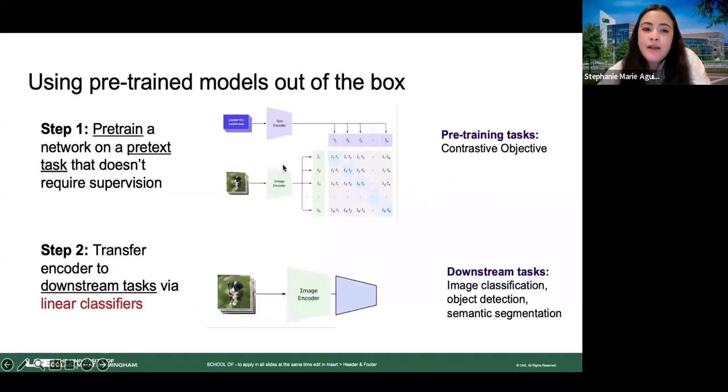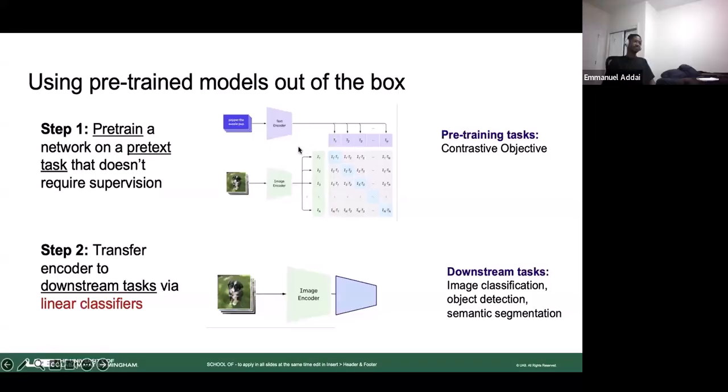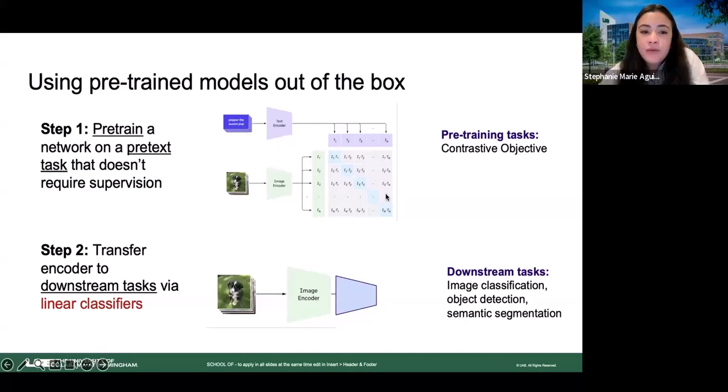So, CLIP has been used a lot for medical imaging, but you would pre-train the network based on a task. Let's say that you're really trying to get context of, like I said, a lung image, and then you really want to know whether or not the person has COPD, right?